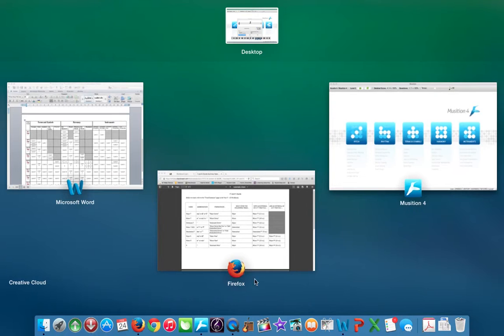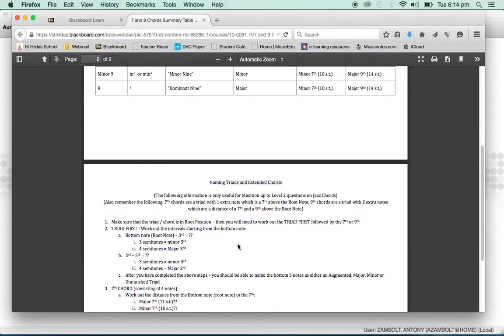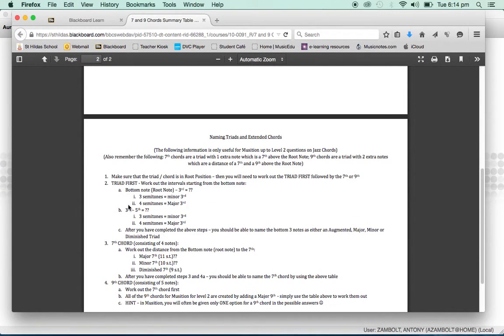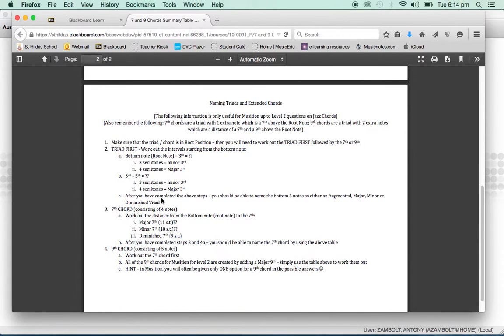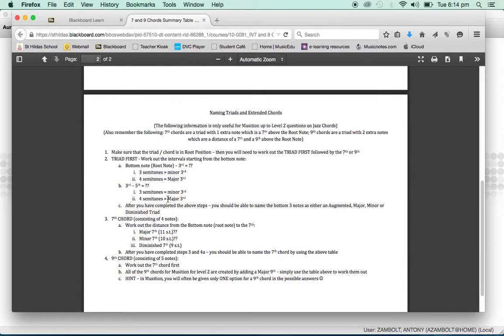What is that? Four semitones on the bottom, followed by 3 semitones, is a major triad. From the bottom note to the third it was 4 semitones, so it was a major third, and then from the third to the fifth it was 3 semitones, so it was a minor third.